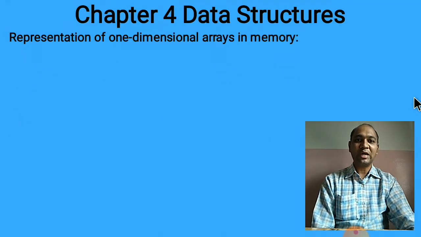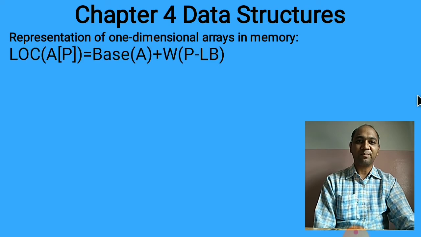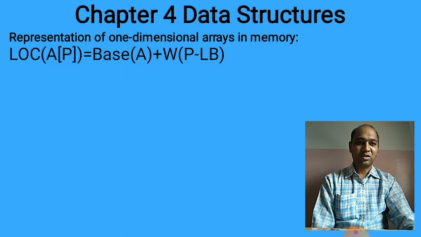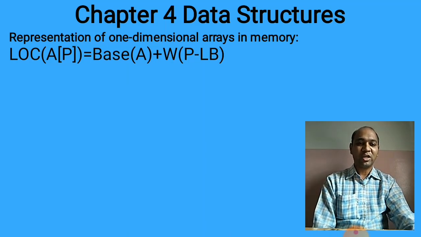Next we'll move on to representation of one-dimensional arrays in memory. So location of A[P], where A is the name of the array and P is the position, is equal to base of array plus W, where W means words per character, that is number of bytes per character. If it is char, it takes 1 byte, then W will become 1.